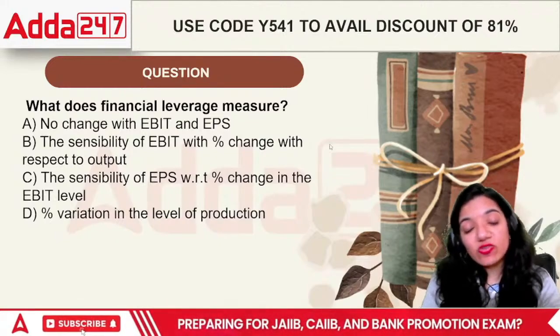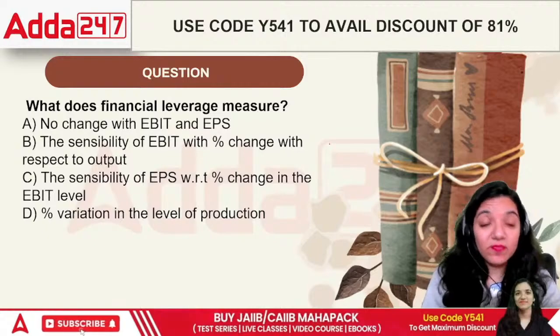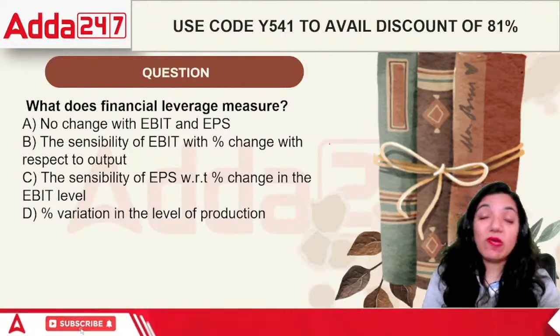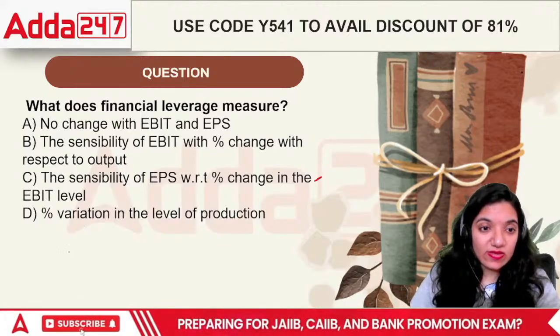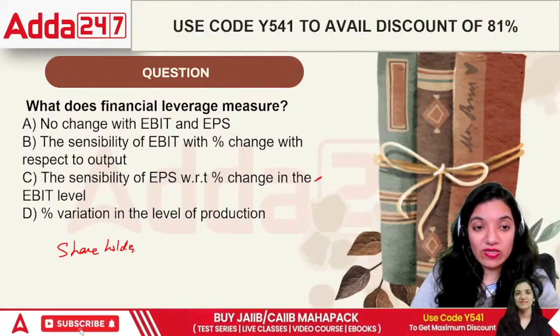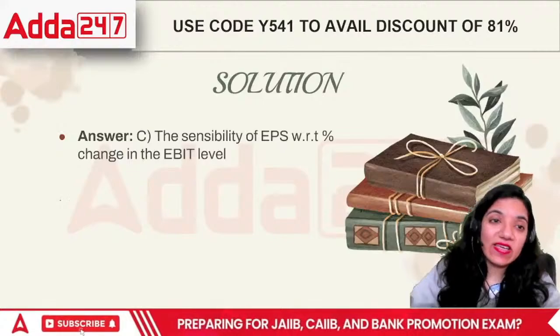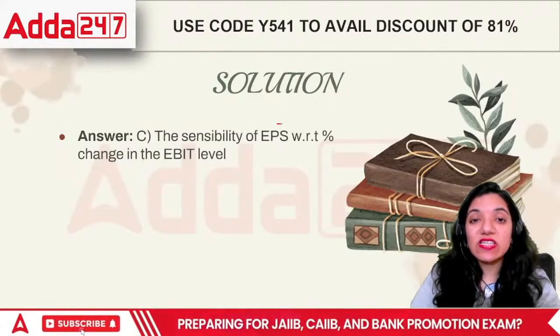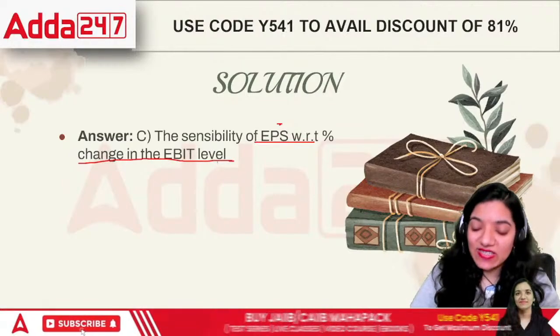So it is related to EPS as well as EBIT, because we need to find out what is the amount that we are giving to our shareholders. This is the amount we would like to give to our shareholders. So the point here is EPS as well as EBIT. In this case, the sensitivity of earning per share with respect to the change in the EBIT level.